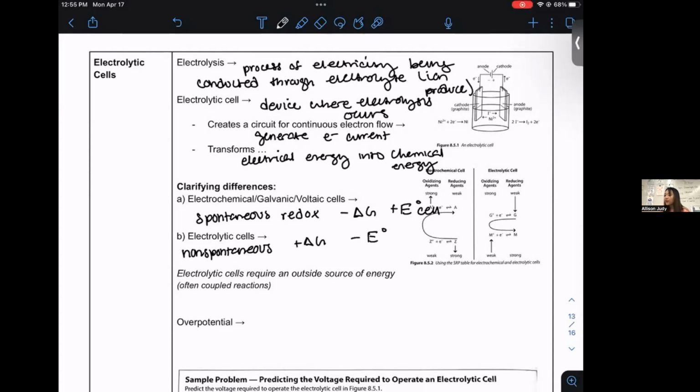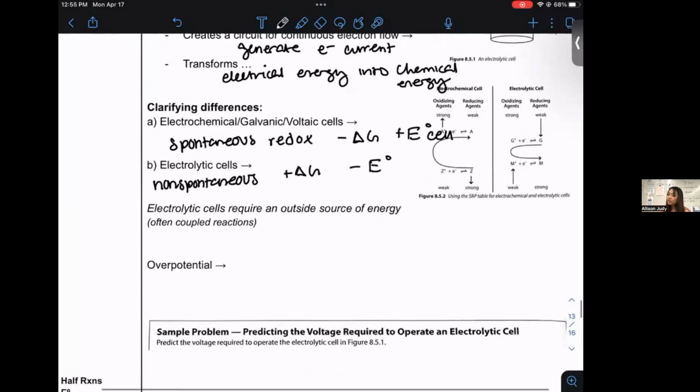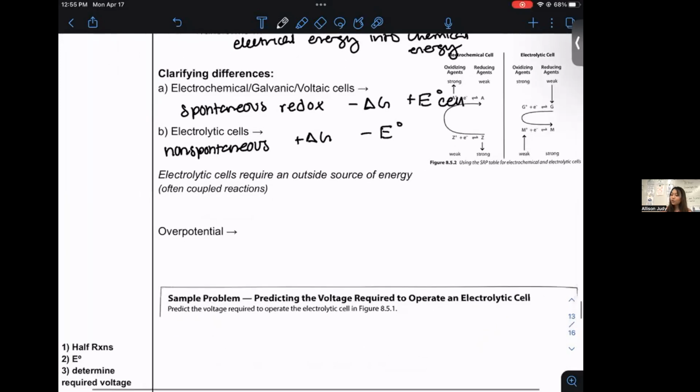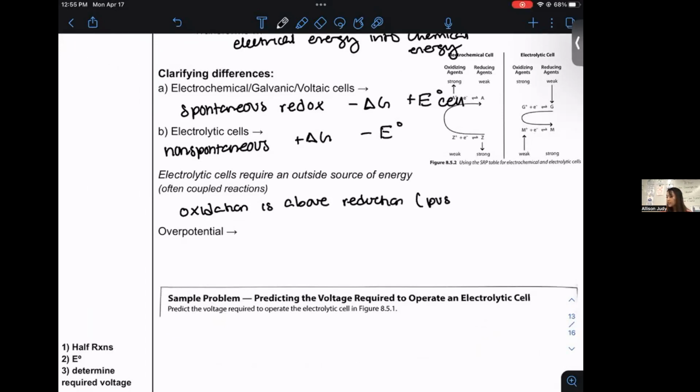So electrolytic cells require an outside source of energy. Thus, we often couple it with something else that's more favorable. But what we say then is that when you're looking at the table, the oxidation is above the reduction. So you can kind of think of it like pushing electrons down to reduction species, which takes energy if you're pushing it down.